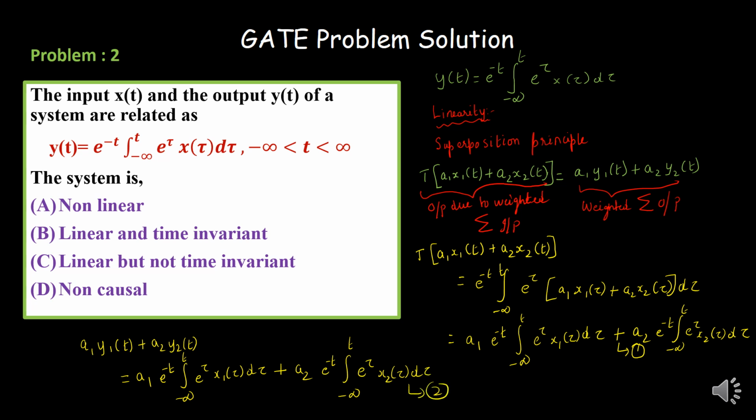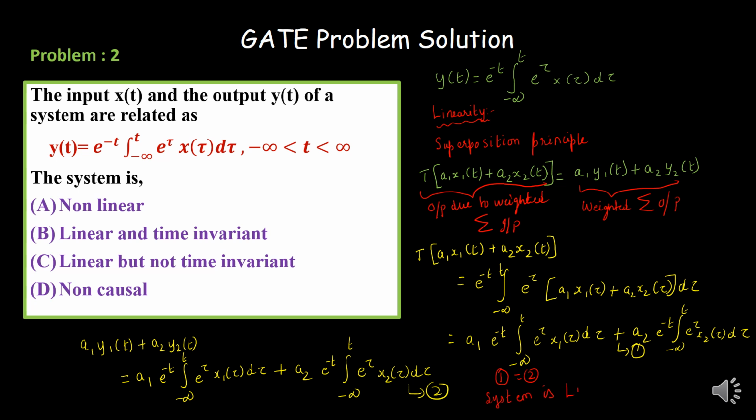Now compare this first equation and second equation, that is equal. So we can say the superposition principle is satisfied for the given system. So the given system is linear.